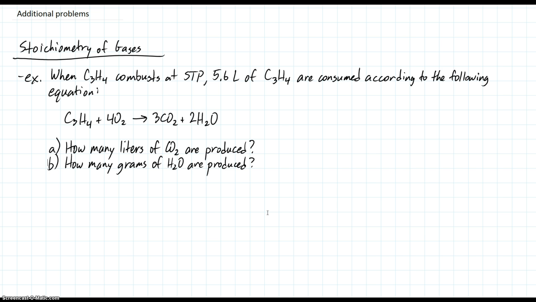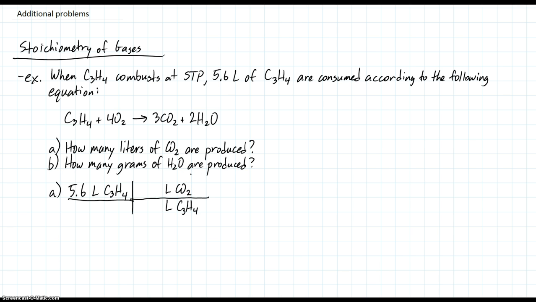So in part A, where we're looking to find how many liters of carbon dioxide are produced, we know that we consumed 5.6 liters of C3H4, so we need liters of C3H4 on bottom to cancel out, and we're looking to convert into liters of CO2.